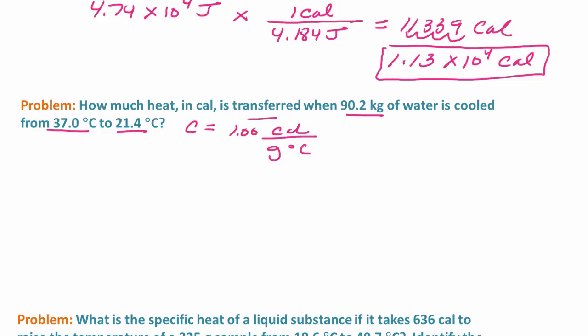Now we need delta T, and that's going to be the final temperature. Remember, we're cooling in this case, so that's 21.4 degrees Celsius minus the initial temperature, which was 37 degrees Celsius. So we have 21.4 minus 37. That's negative 15.6.